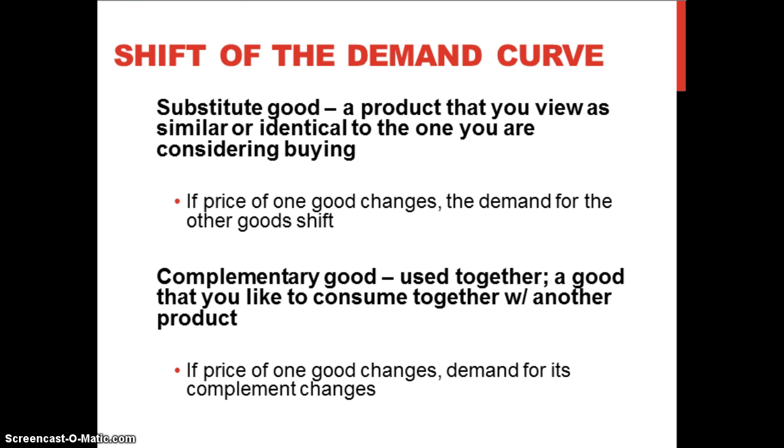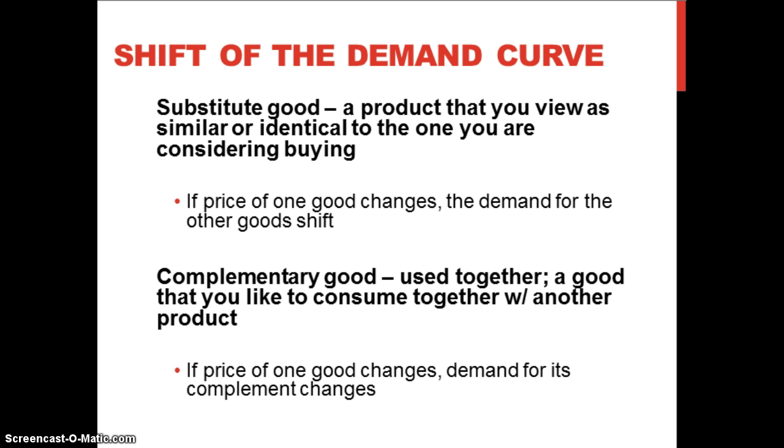Another type of product which can affect good A is complementary good, which is a good that you like to consume together with good A. For instance, if good A is ink cartridge, complementary good would be printer. If good A is coffee milk, complementary good would be coffee.